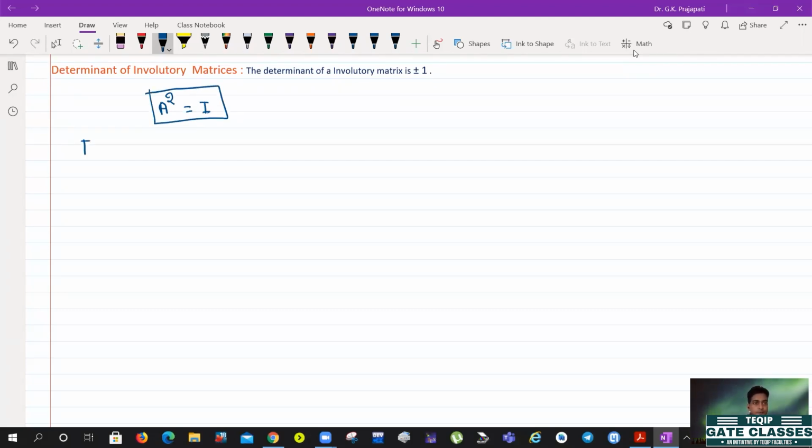For example, we can take the identity matrix, 1, 0, 0, 1. Then we see that I square equal to again identity. Hence it is an involutory matrix.